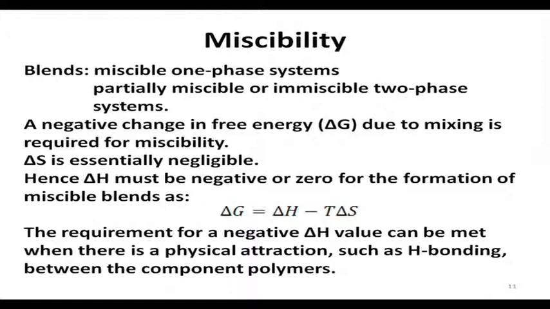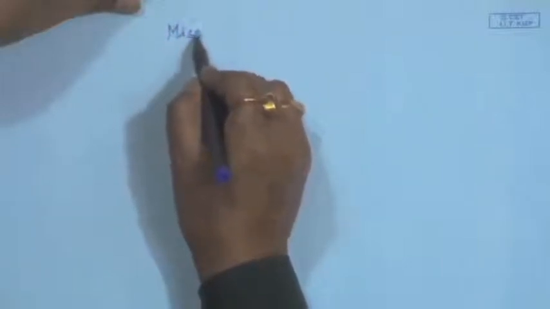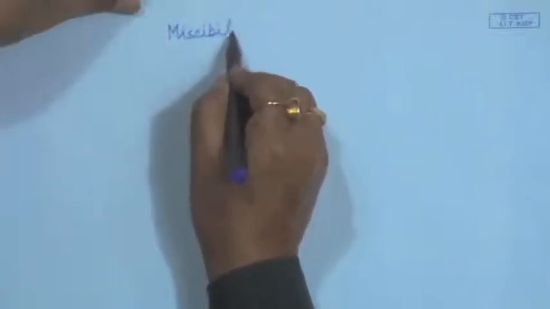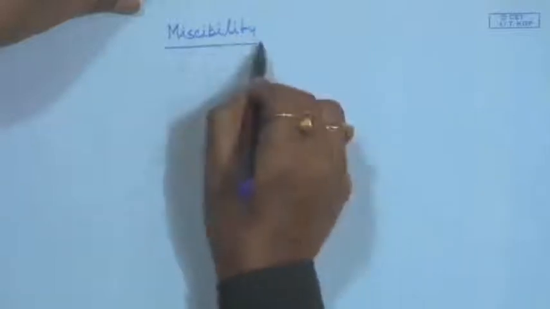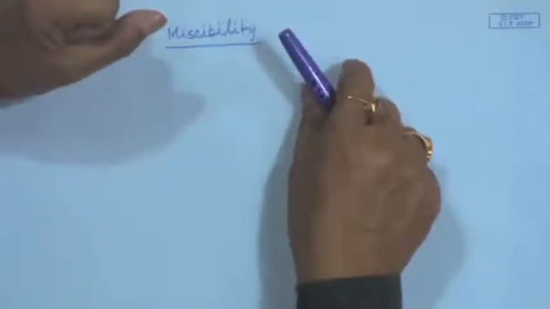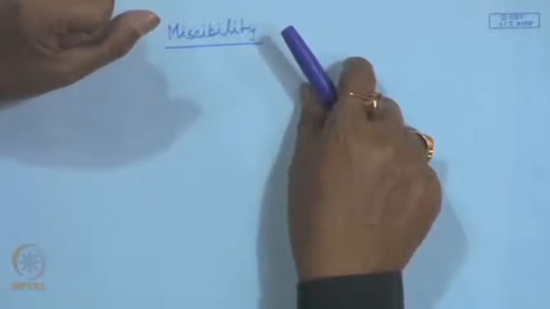In the last lecture, I discussed the classification of definitions as well as the classification of polymer blends with some examples. Now, let us discuss a little on the miscibility aspect, the miscibility criteria of the component polymers to form a successful blend.